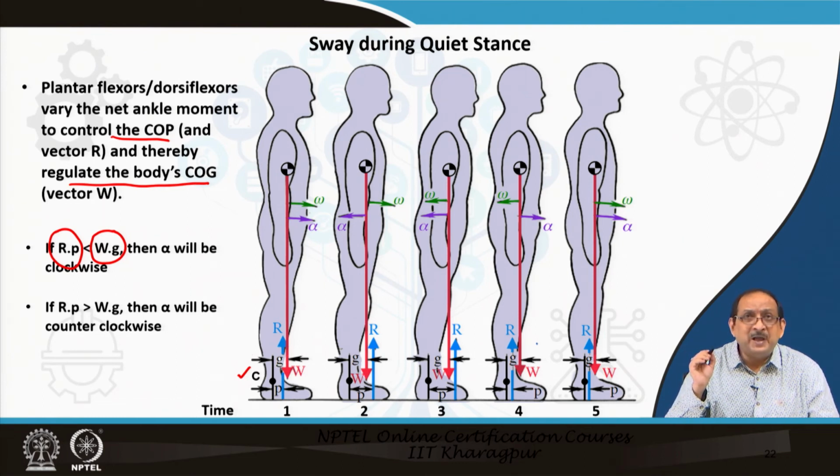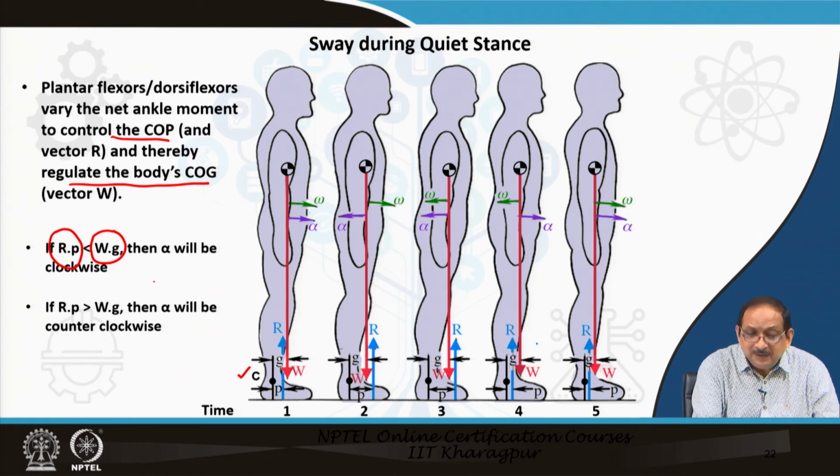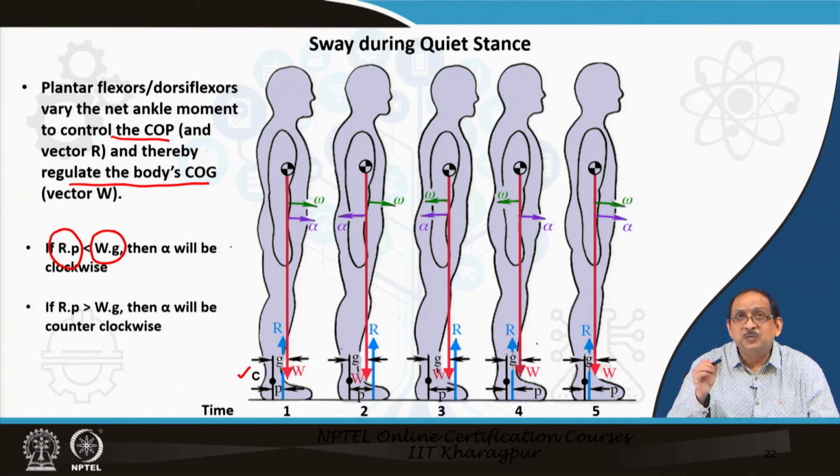Now, depending on the magnitude of WG and the magnitude of moment RP, the movement will be created. If WG is greater than RP, then the body will tend to move forward.